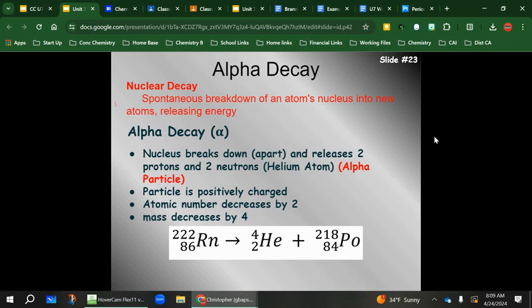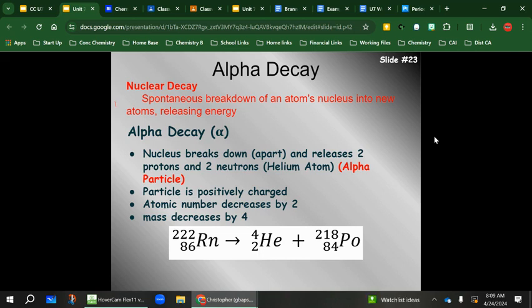Remember, the piece that breaks off, not only does it take 2 protons with it, it takes 2 neutrons with it as well. That's why you get a mass of 4 here. 2 protons and 2 neutrons are leaving the nucleus. That leaves the nucleus with fewer protons and fewer neutrons in it. So you're right. You guys were all on this.